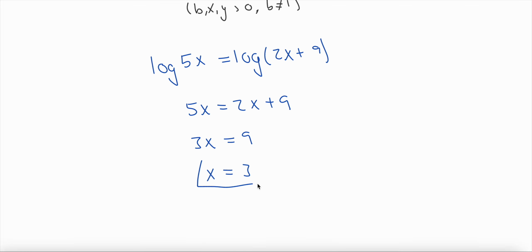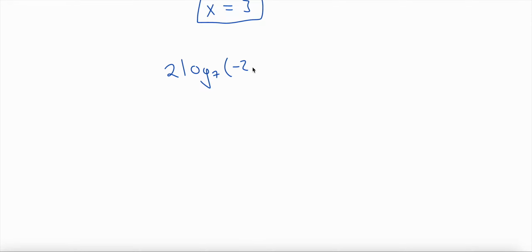Let's go ahead and look at the next one here. We have 2 log base 7 of negative 2r equals 0. To begin this one, let's go ahead and divide both sides by 2. So we have log base 7 of negative 2r equals 0.